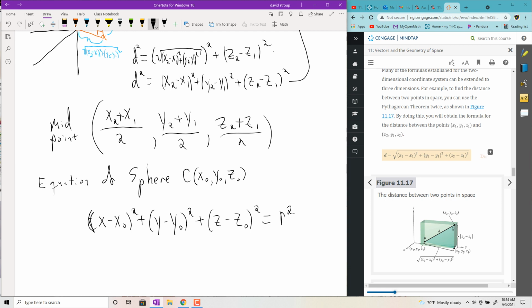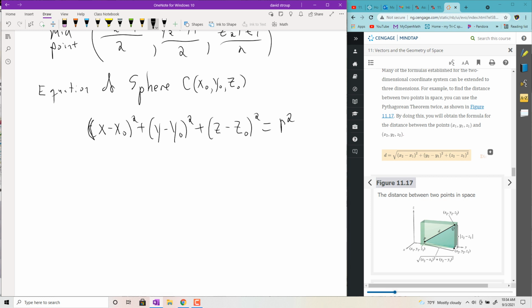Okay, so let's look at one of the problems associated with this. We have: find the equation of a sphere. And we can make this the video quiz problem for this section.